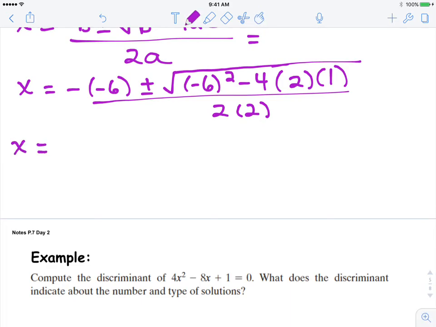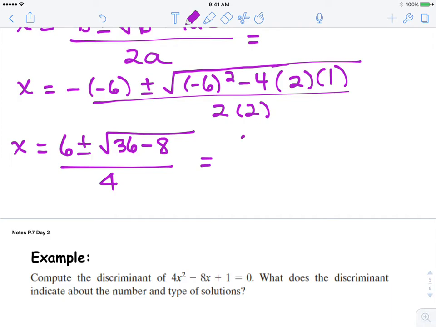Negative 6 turns into a positive 6, plus or minus the square root of negative 6 times negative 6, which is 36, minus 4 times positive 2 times positive 1, which is negative 8, all over 2 times 2, which is 4.